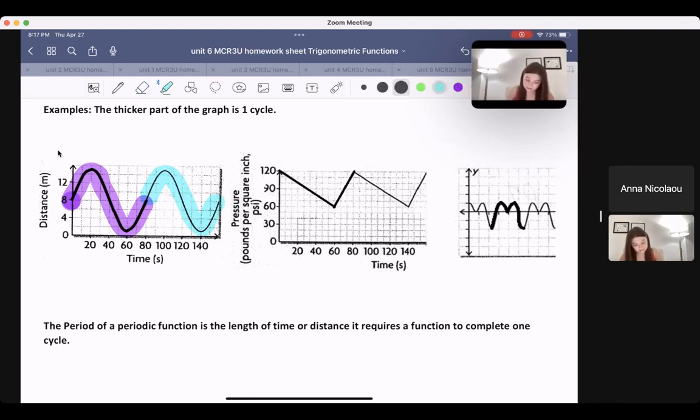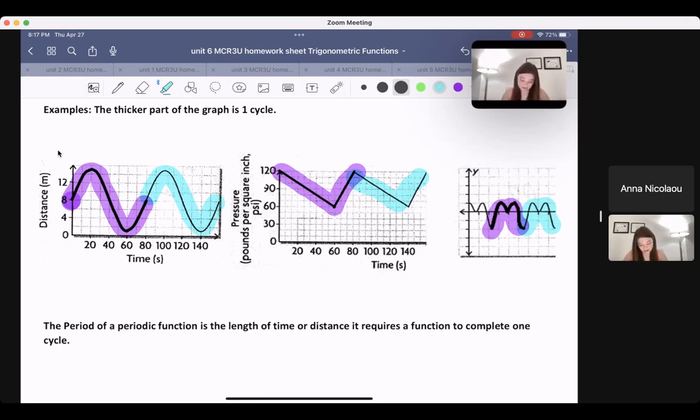Or here, we have down, up, and then repeat, down, up, repeat, and so on. Or here, this is one cycle, the M shape, and then it does the M shape again, so that's a separate cycle, and so on. Every time it repeats and starts again, that's a new cycle. Each cycle shows us the entirety of the pattern, and then we know to repeat it.